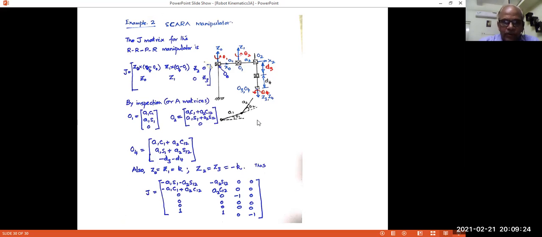Many times, of course, you have to check whether the Jacobian is invertible or not, because you want to use it for inverse velocity kinematics, which is the more important function, because in the end you would like to develop a certain trajectory. The trajectory is known to you. You would like to know what the joint velocities should be at that instant to produce that end effector velocity.